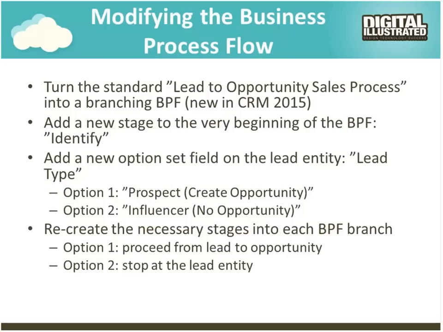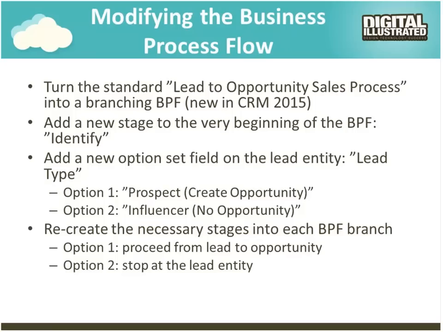The design is that we will add a new stage into the beginning. So there's going to be an identify stage before the standard qualify, develop and propose stages in the sales process. We'll also add a new option set field for the lead entity that will allow us to determine which branch we should be following.